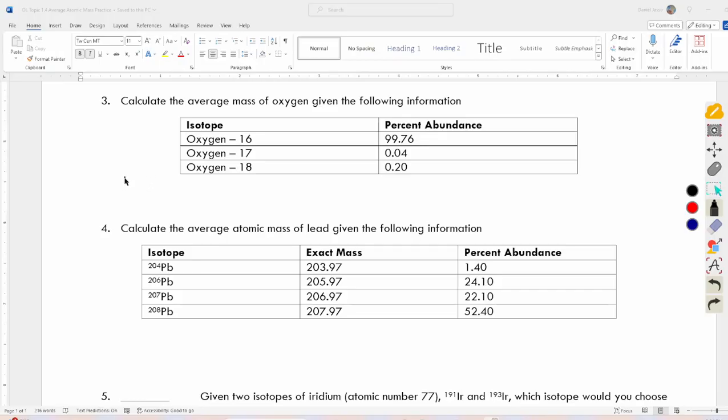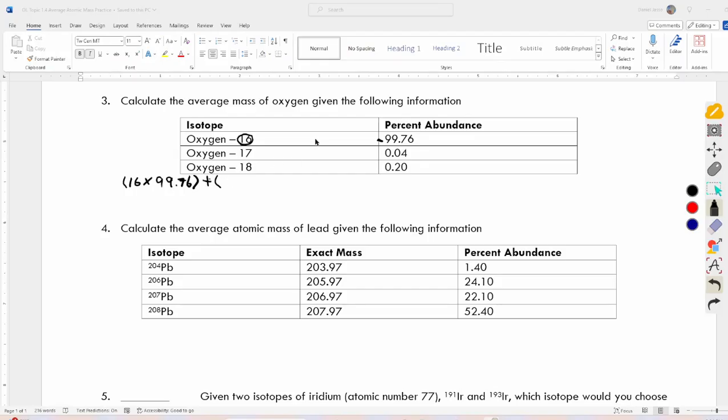We're going to put our first mass. Now, again, they don't give us a mass, so we have to use this one here because that's all we got. So that's oxygen with a mass of 16. We're going to multiply that mass by its percentage, 99.76. Then we're going to add the next one.